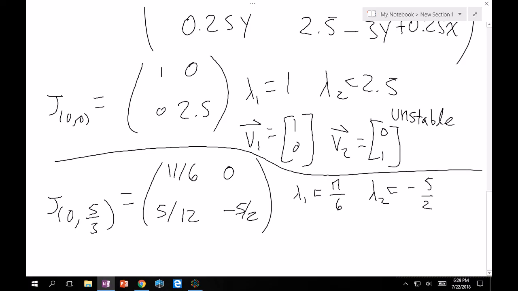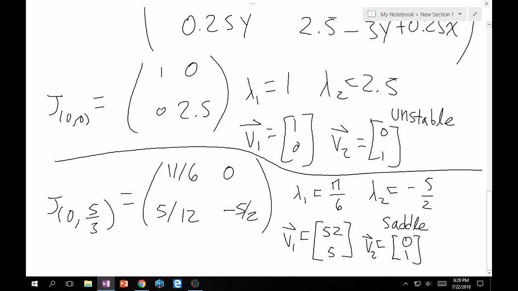So clearly we have a saddle, which is unstable. And I'll give you the eigenvectors as well for this one. V1 is going to equal, this one's kind of weird, (52, 5), and then V2 is equal to (0, 1). So one easy eigenvector, one kind of weird looking eigenvector.